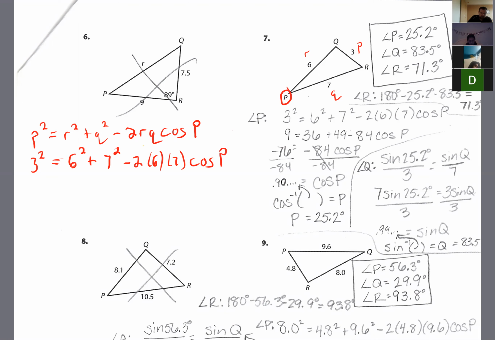So this becomes 9 equals, this is 36 plus 49. So when you do 36 plus 49, that's going to give you 85. When you multiply these 3 numbers, 2 times 6 is 12, 12 times 7 is 84.